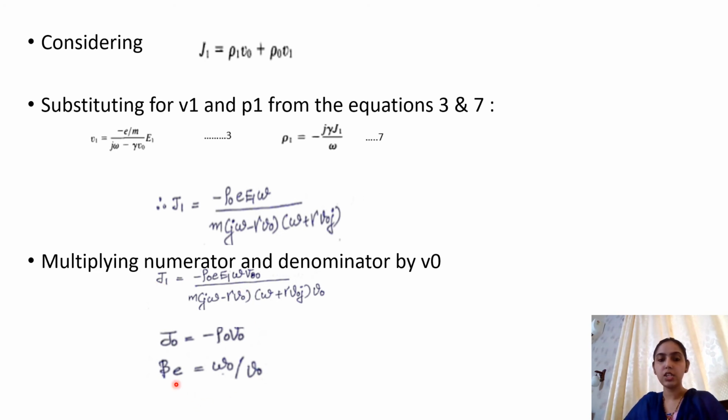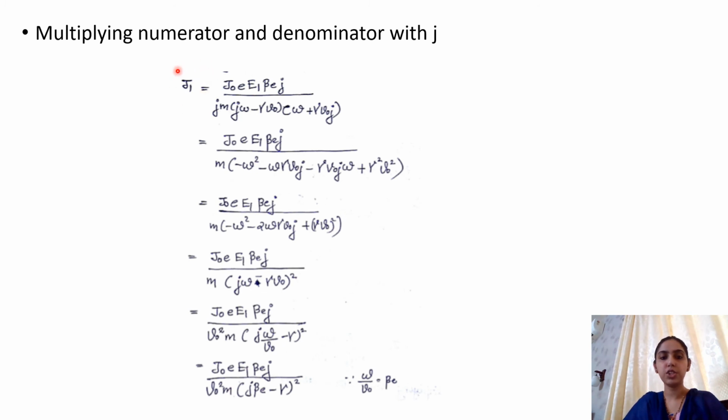And again, instead of beta E, we can write it as omega 0 by V0. So in the expression for omega 0 by V0, in the next step we could replace it by beta E. So we have brought a relationship between the current density J1 and J0, and to further simplify, multiplying the numerator and denominator with J and solving it further, we get the expression as such.